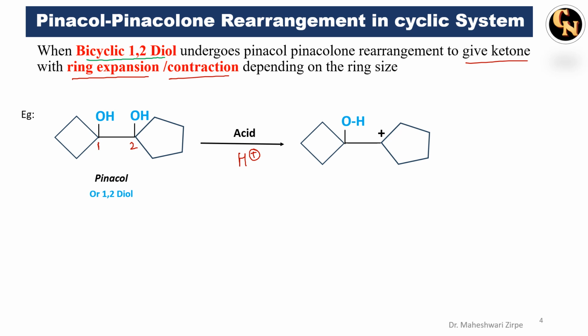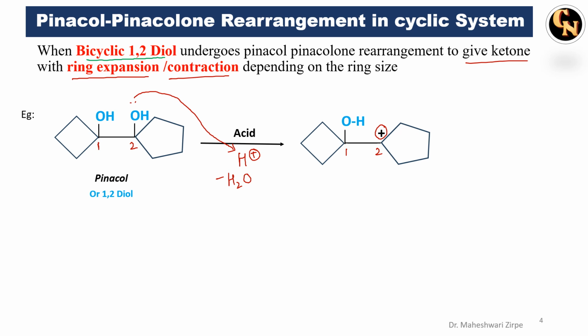So here the second carbon OH is going to grab the proton, then there is elimination of a water molecule, and a carbocation is formed on the second carbon. Why the second carbon? We have seen that in the previous video, part 1. Go and see the link in the description if you have not seen the video, and you can understand why the carbocation is formed on the second carbon. I have explained there why this is preferred.